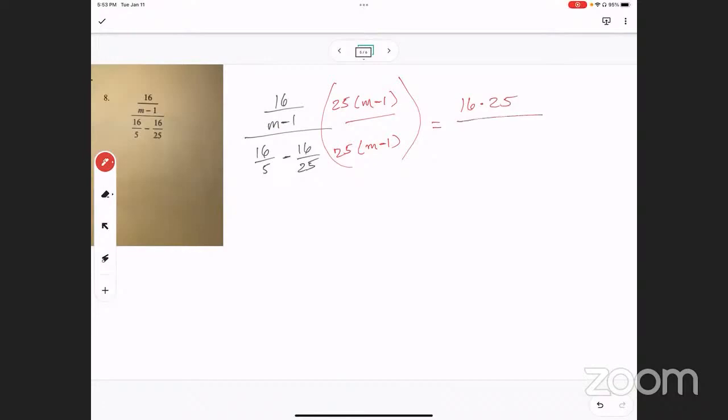And on the bottom, when I multiply this to the first term, what's going to cancel out? The 25 and the 5.